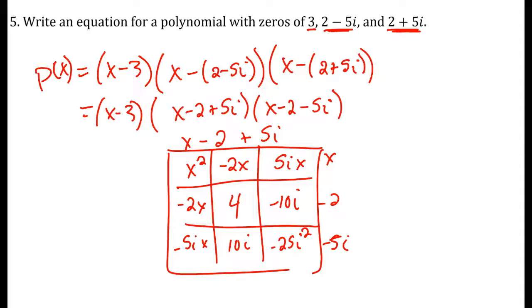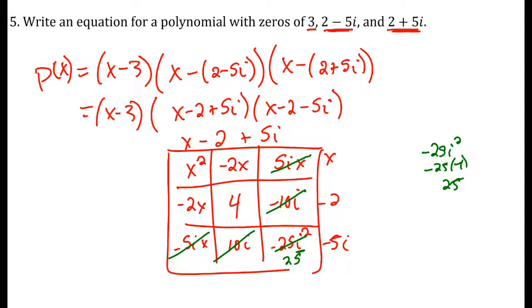That seems like a lot, but nice things are going to happen here. 5ix minus 5ix, those add to 0. Negative 10i plus 10i, those add to 0. And I know that i squared is negative 1, so negative 25i squared is really negative 25 times negative 1, which is 25.